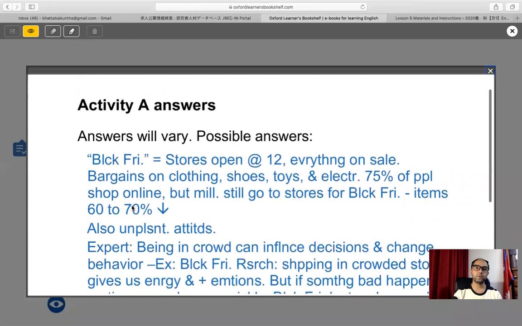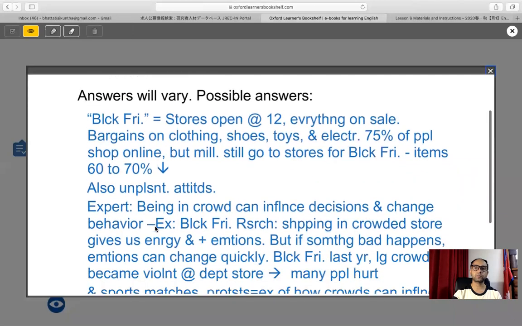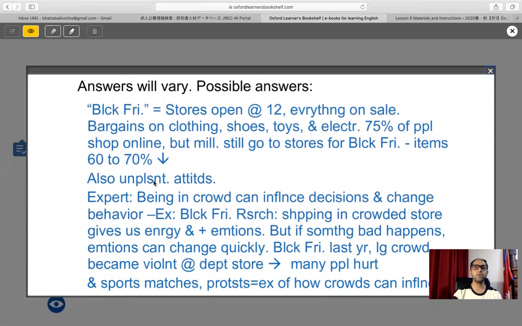So this part, okay? Maybe you do not have to have exactly the same words as mine, but something like this. For example, if you quickly can read just the words: Black Friday, stores open at 12, everything on sale, bargains on clothing, shoes, toys, electronics.